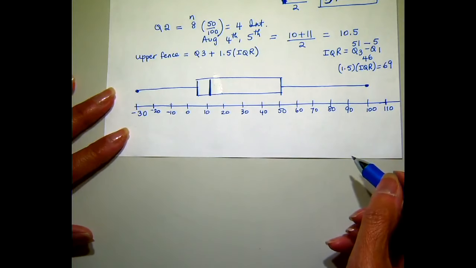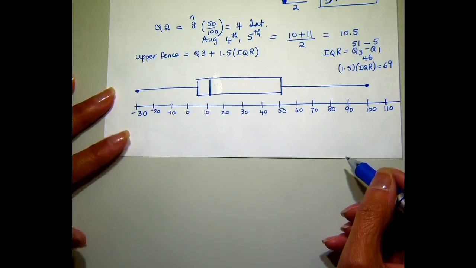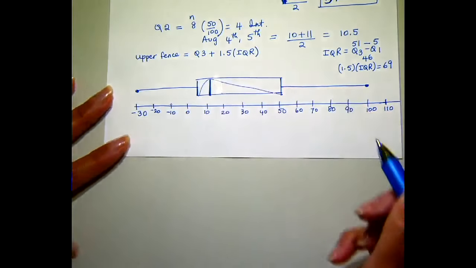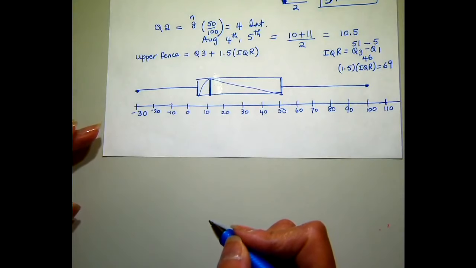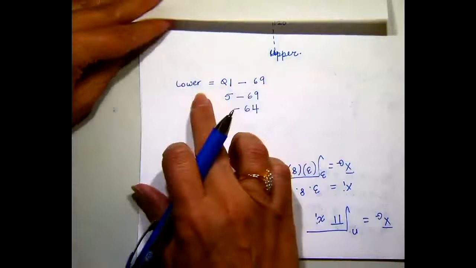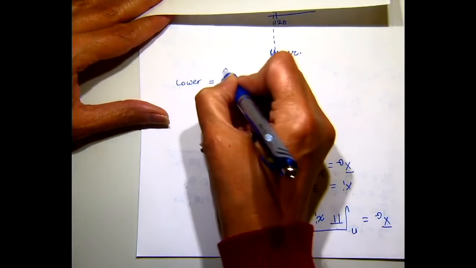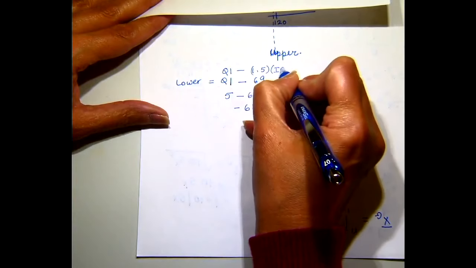What kind of skewness? Right skewed, right? Just go like that. Right skewed. Yeah, sure. So here, the lower one is Q1 minus 1.5 IQR.